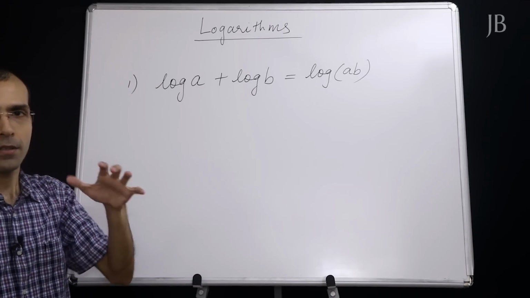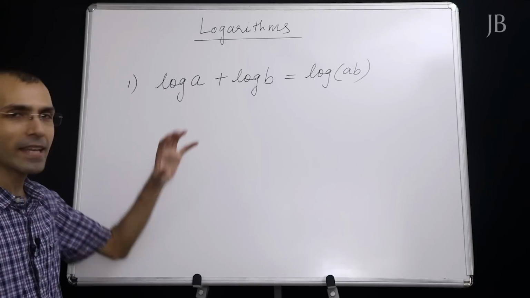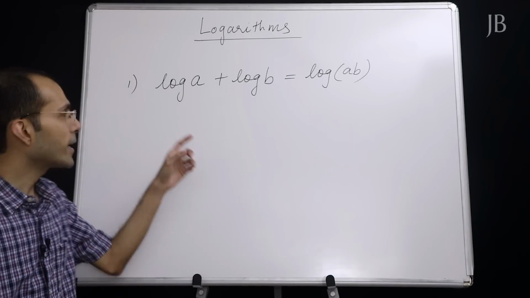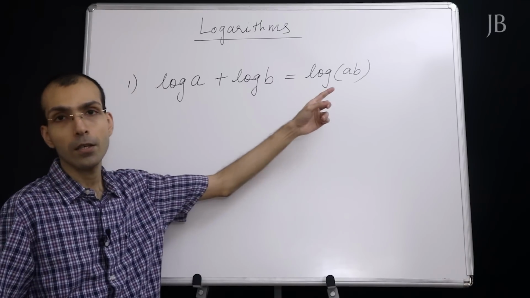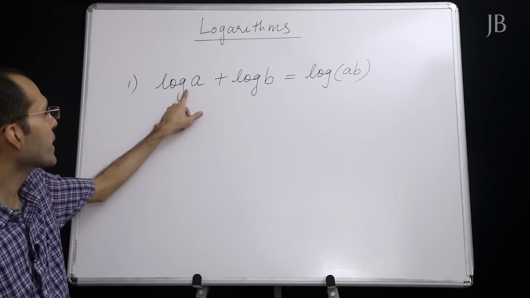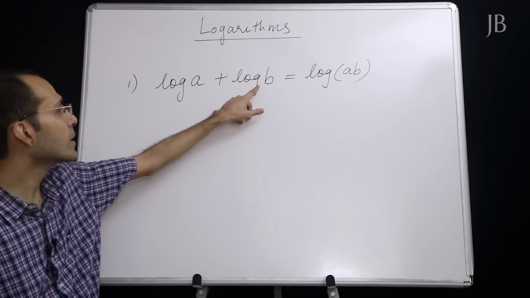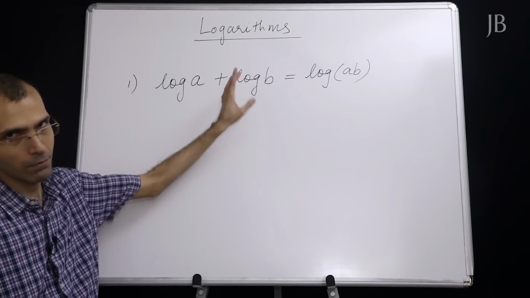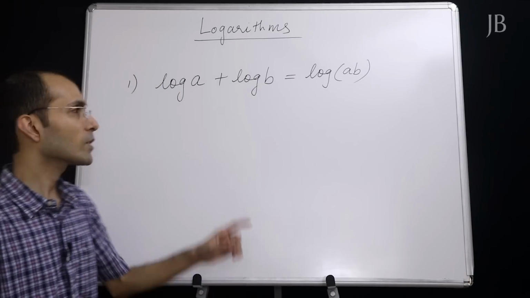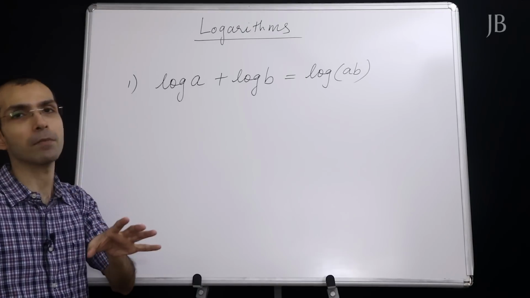At school level the base will be taken as 10 if the base is not given to you. And laws of logs will work provided the bases are the same throughout. Suppose here you take base 7 and here base 10, then this law will not work. So the bases have to be the same.